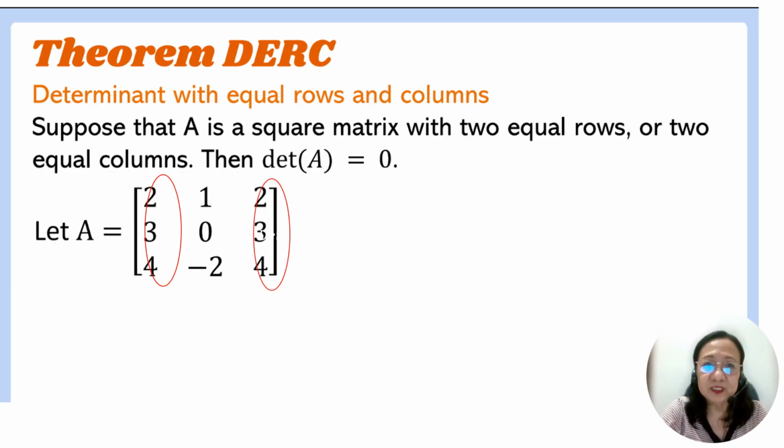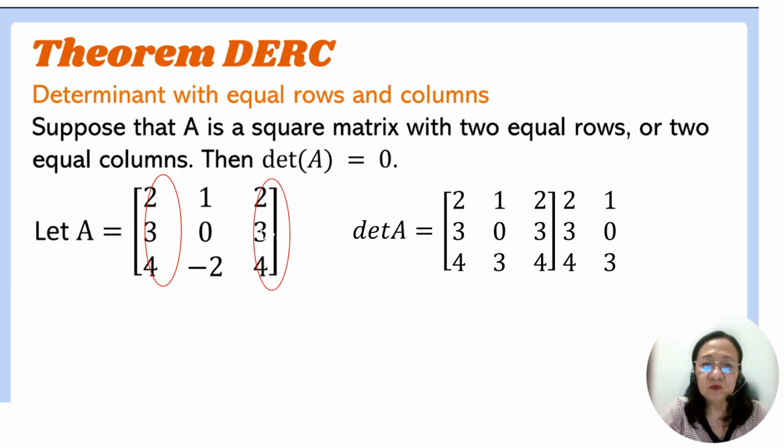So to find its determinant, the first two columns are copied, then we multiply using the pattern. We have 2 times 0 is 0, times 4 is of course 0. Then 1 times 3 is 3, times 4, we have 12, plus 2 times 3 is 6, 6 times 3, that is 18.